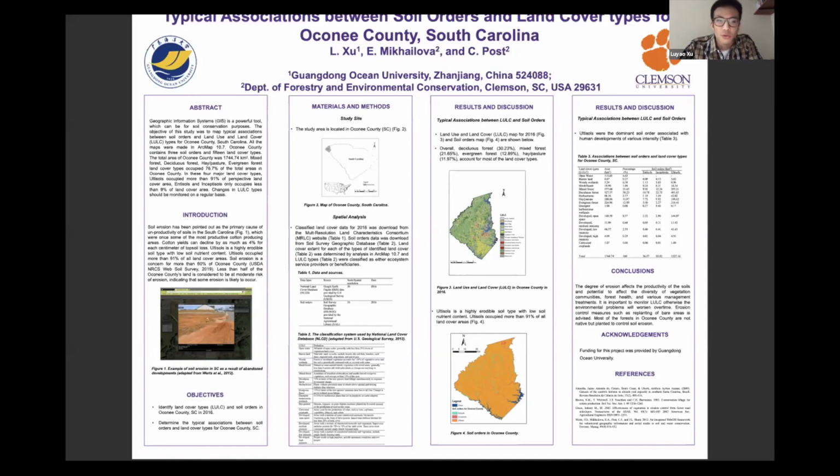Ultisols are a highly erodible soil type with low soil nutrient content, which may cause unproductivity of soils in South Carolina. Soil erosion is a concern for more than 60% of Oconee County in South Carolina.